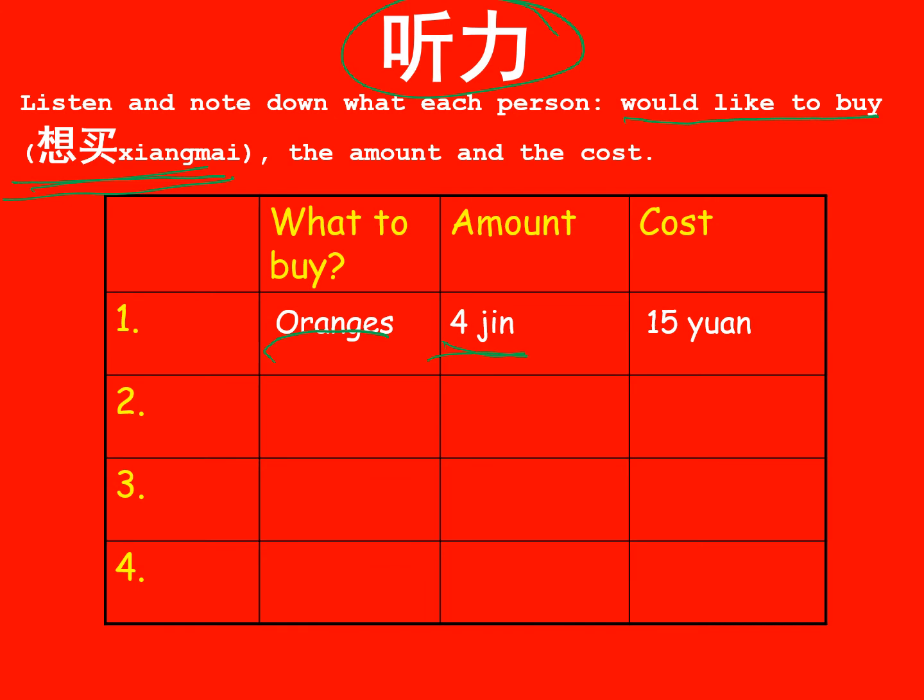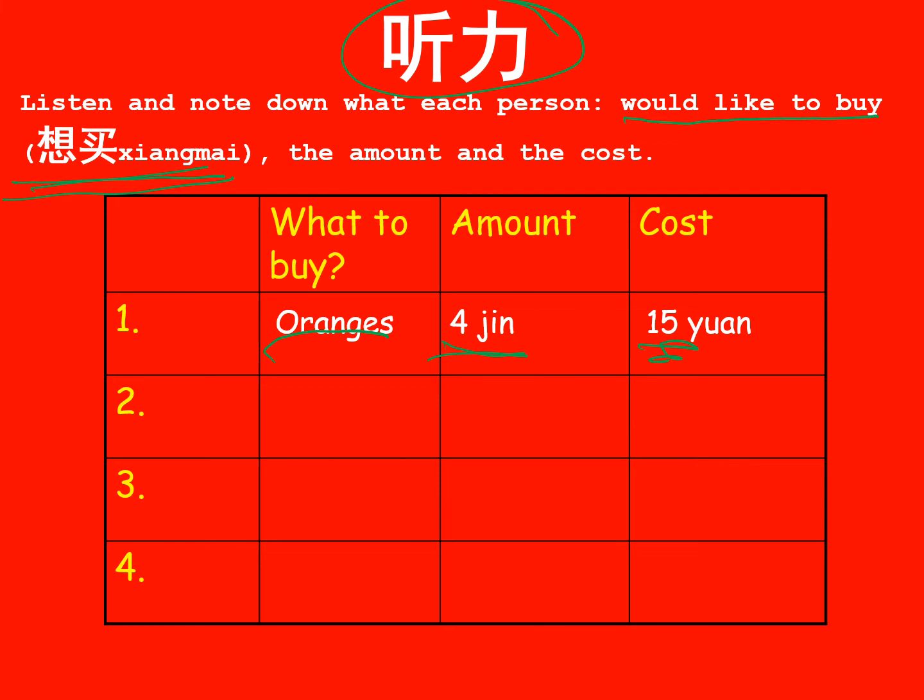That's why you put 4 in there. And then the cost. 4斤橙子15元，多少钱？How much money? 4 斤 oranges, 15. So you put 15 down there.